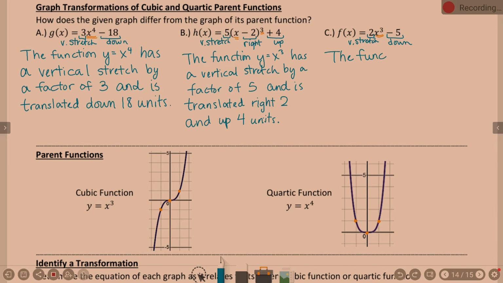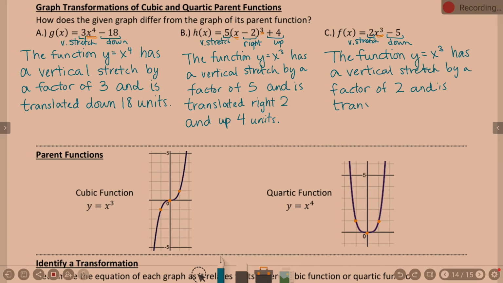The function y equals x cubed has a vertical stretch by a factor of 2 and is translated down 5 units.